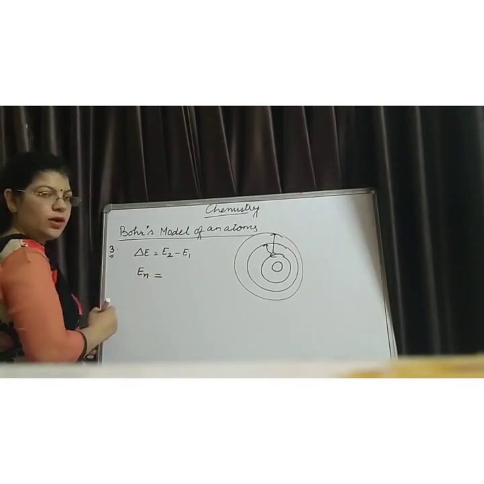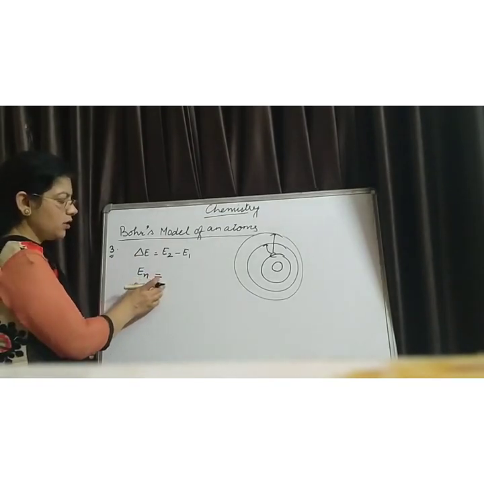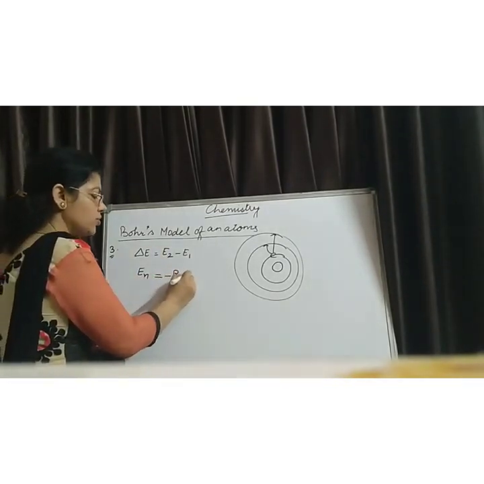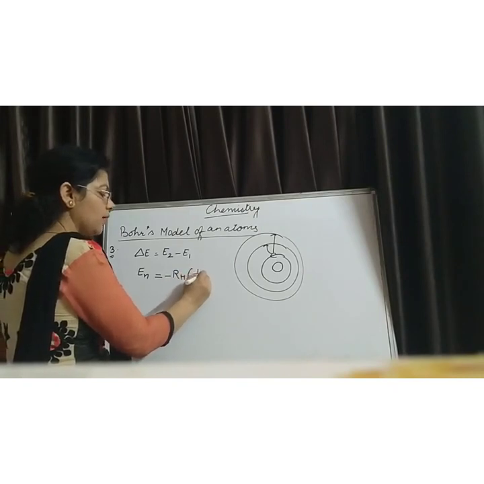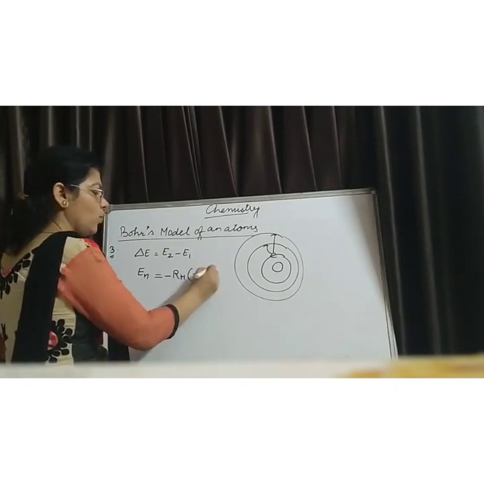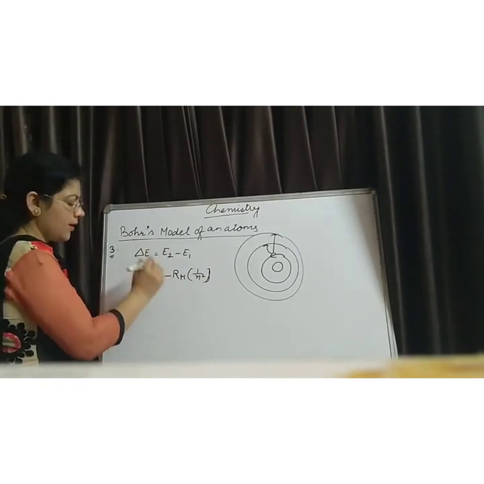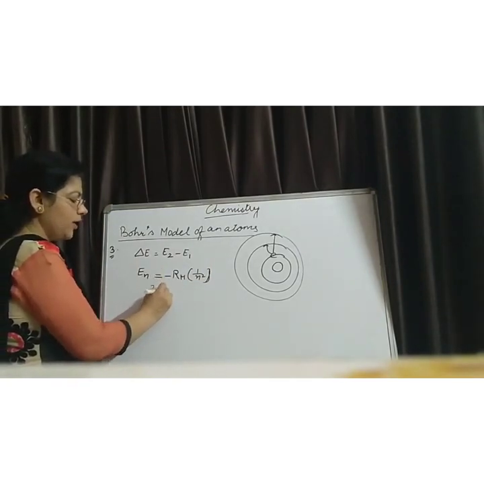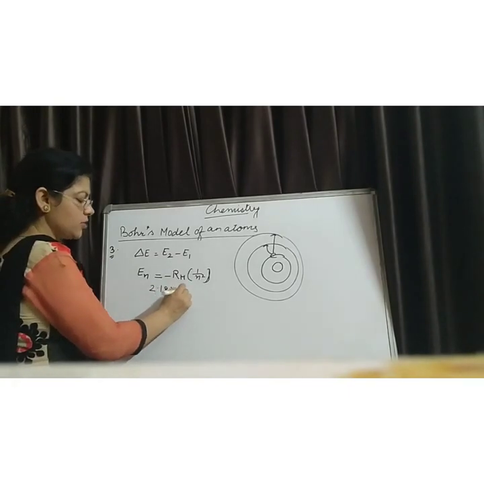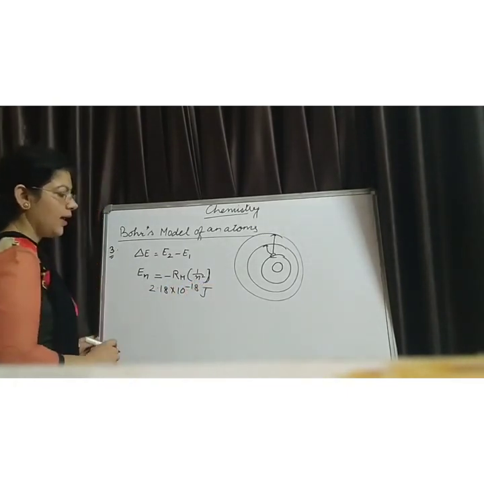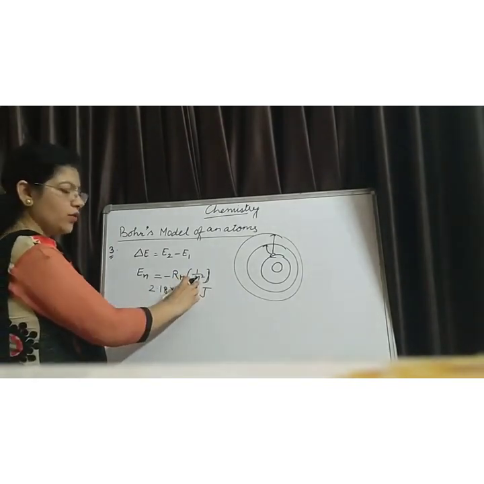The energy is En equal to minus RH into 1 by n square, where RH is the Rydberg constant and its value is 2.18 into 10 raised to power minus 18 joule, and n is the number of the shell.